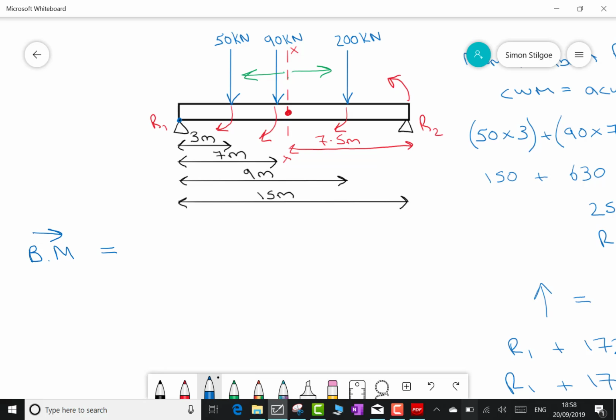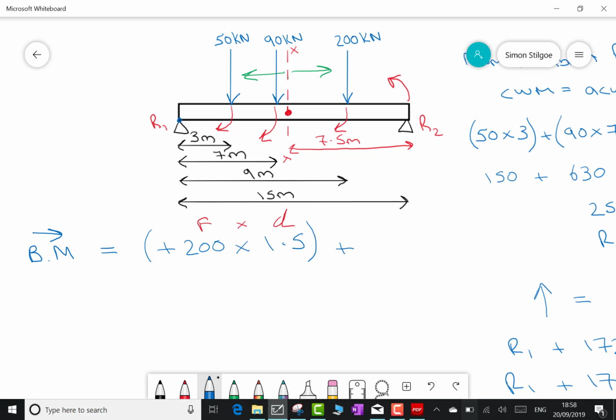So this 200 is positive, so plus 200, and now we multiply that by the distance from the 200 kilonewton back to XX. The 200 kilonewton is at 9 meters from the left-hand end, and section XX is at 7.5 meters because it's halfway from the left-hand end. The difference between 9 and 7.5 is 1.5, and that is our moment, force multiplied by distance.